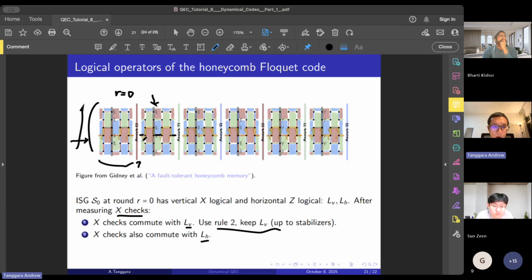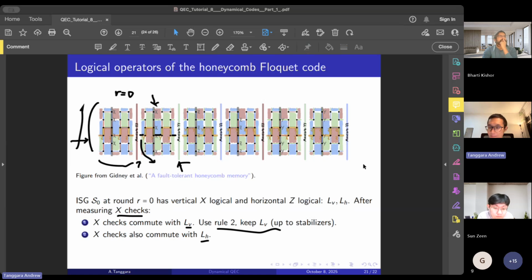But the reason why we want to pick this Y here is that I can multiply these Z's with the X checks because they're in the stabilizer. So that's pre-updating the logical operators so that this Y commutes with this Y measurement in the next round. It's a matter of whether you want to pick a nice logical representative before you do your next measurement.